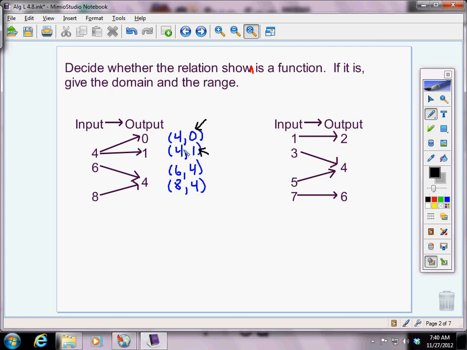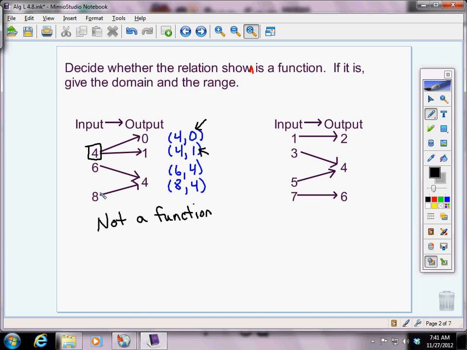If I input a 4 into an equation in a calculator, the calculator doesn't show me an answer of 0 and then flash and give me an answer 1. It gives me one answer. So this is not a function. It's not a function because when we input a 4, we get out a 0 and a 1. For every 4, there has to be exactly one output, not 2.